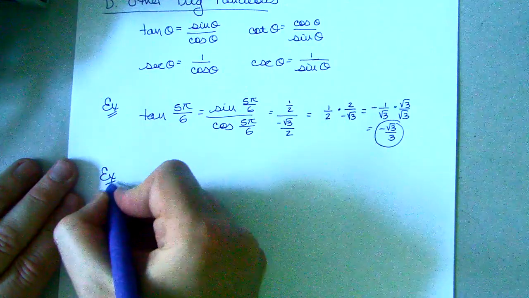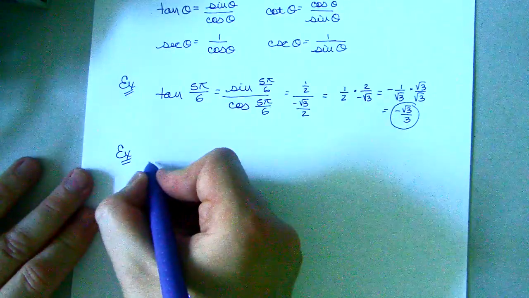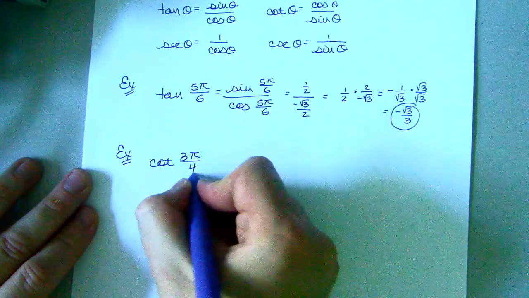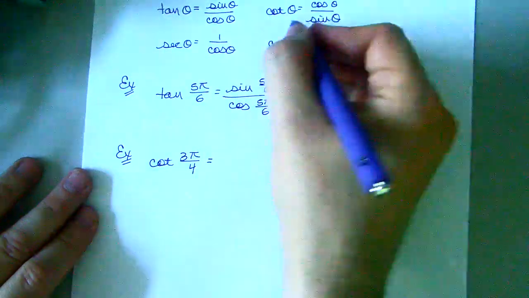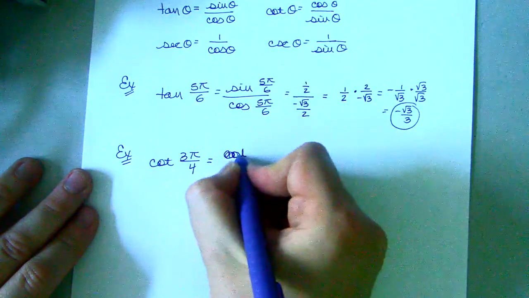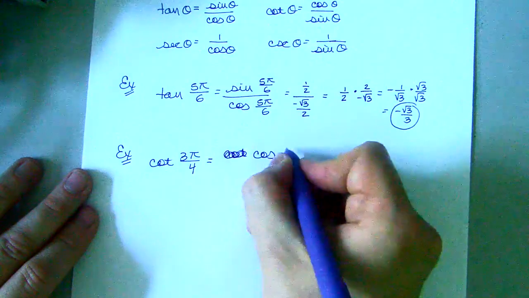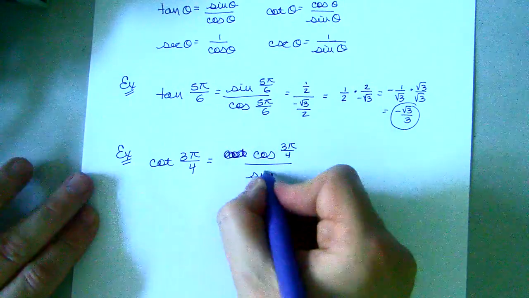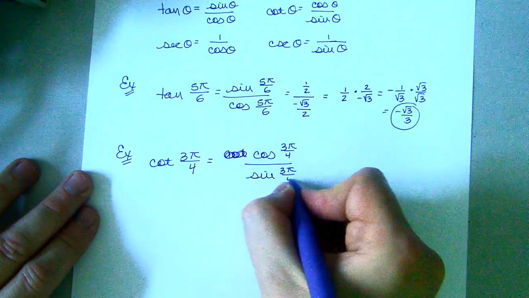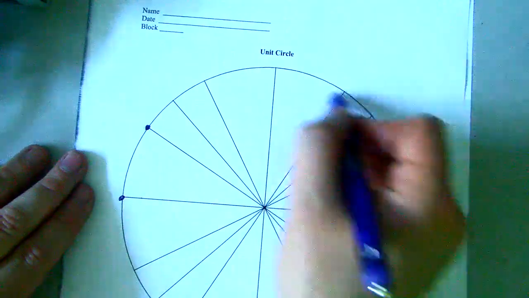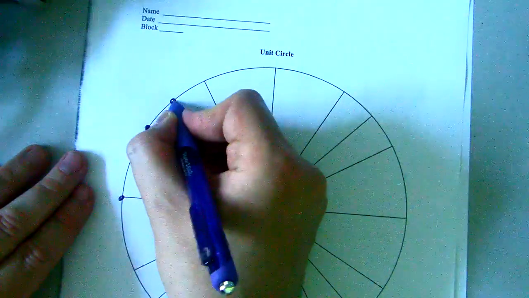Next one. Let's take a look at the cotangent of 3π/4. According to my identity, the cotangent is, sorry, I shouldn't say cotangent, I should say the cosine of 3π/4 over the sine of 3π/4. Let's find it. 3π/4, that's this one right over here.